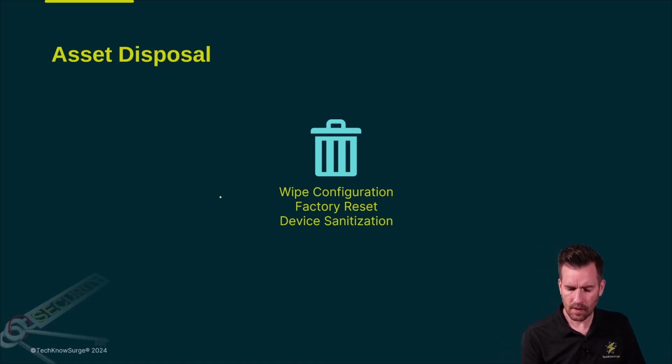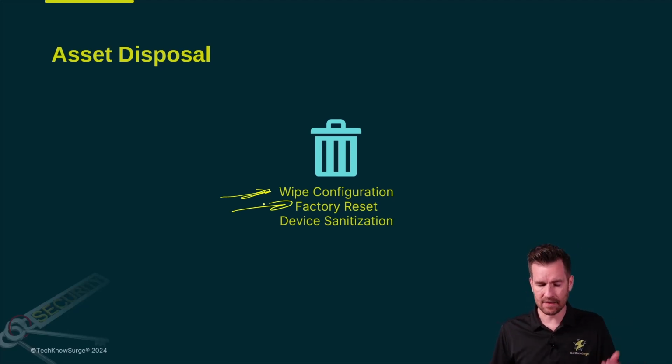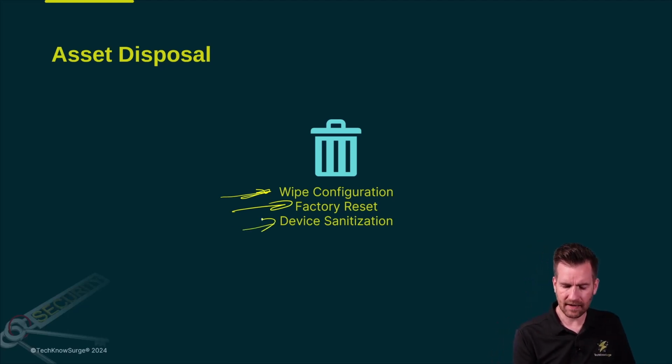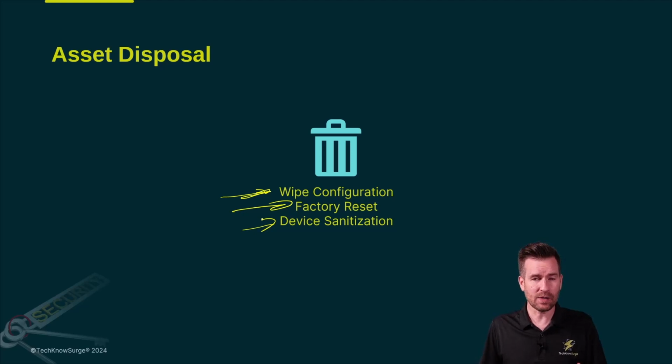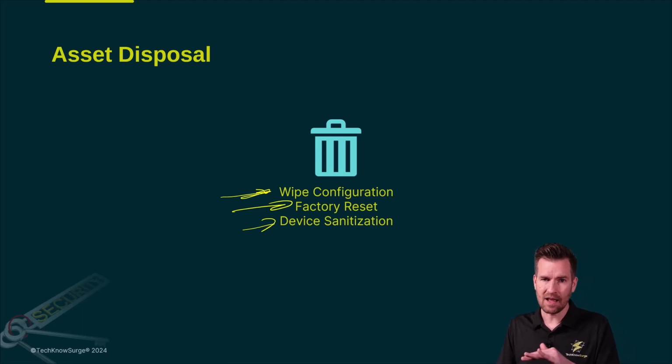We would want to perform some sort of factory reset on it to make sure that everything is wiped, or some sort of device sanitization. Perhaps we even crush it or send it off to somebody that will dispose of it correctly.